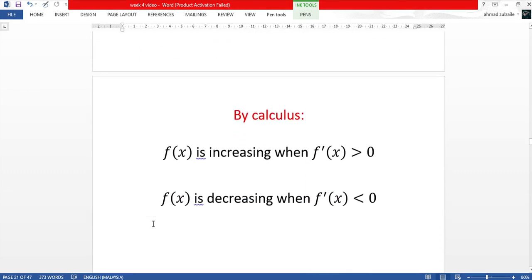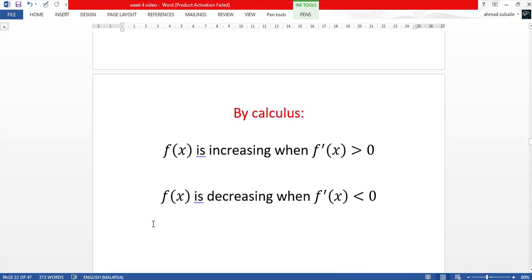Okay, so now by calculus. I mentioned earlier, we need to use f prime, the first derivative. So f of x is increasing when f prime x is greater than 0. Take note, this one is very important. For increasing, f prime is greater than 0. For decreasing, f prime is less than 0. What does this mean? For f prime greater than 0, you have a positive value.